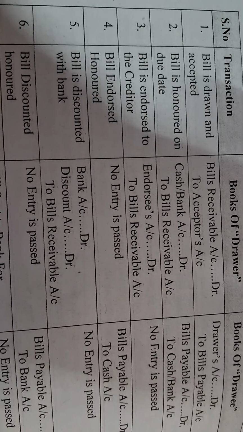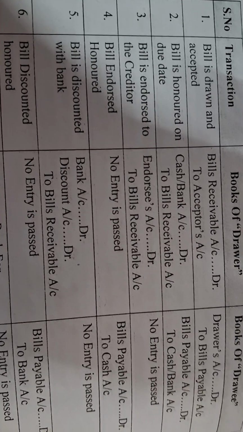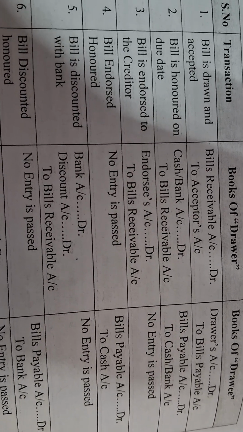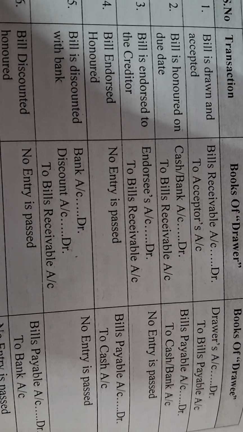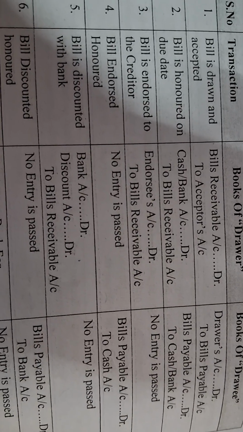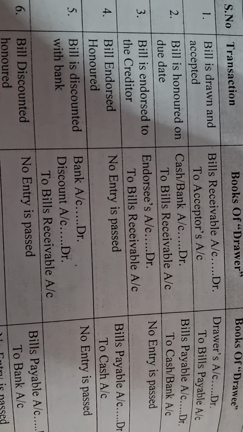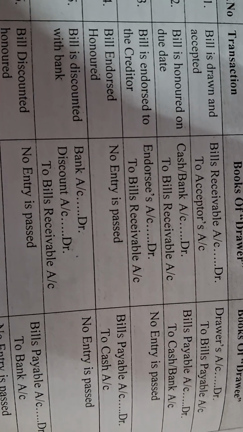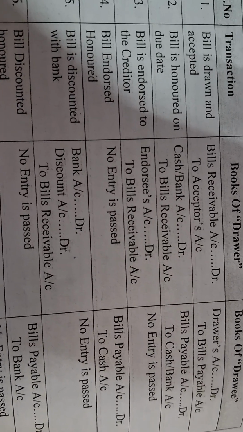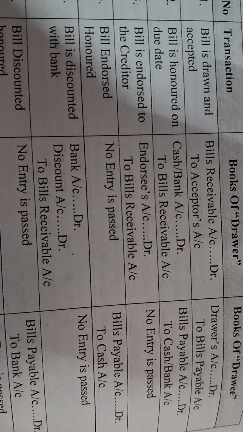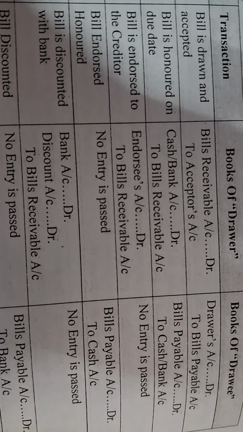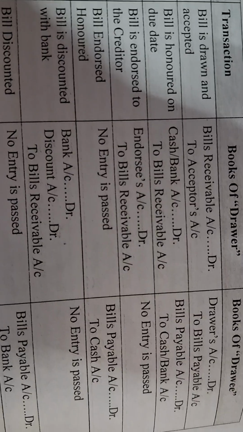So, for what type of transaction must we pass the journal, which type of journal entry should be taken? Suppose a bill is drawn and accepted, in the initial stage for any problem. If the bill is being drawn and it is being accepted by the drawee, then in the books of drawer, we are going to pass the journal entry: bills receivable account debit to acceptor's account.